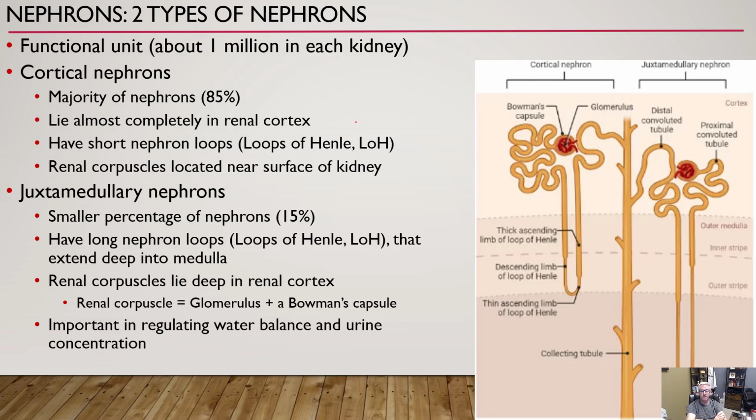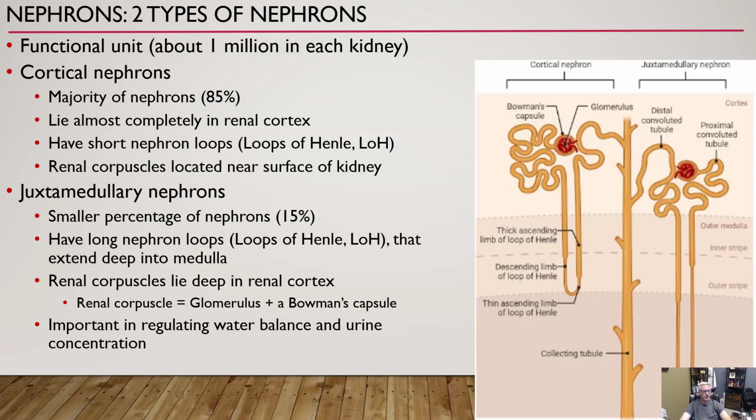Remember that the nephron is a functional unit, and we have about 1 million nephrons in each kidney. Now, the cortical nephrons make up the majority of nephrons, about 85%, and they lie almost completely within that renal cortex, just inside that outer layer of the kidney, and they have very short nephron loops.